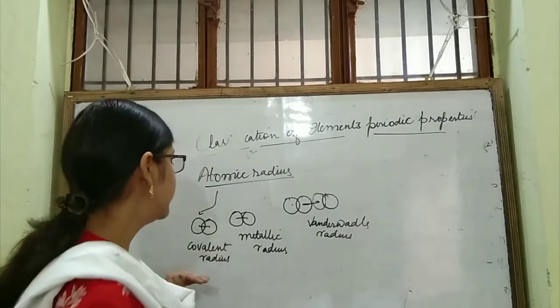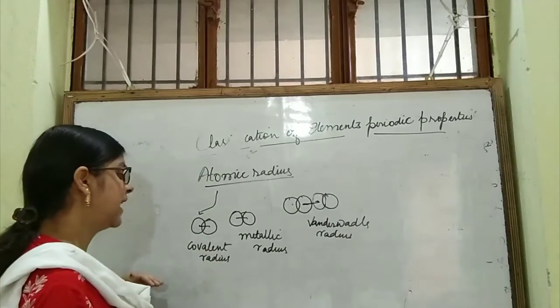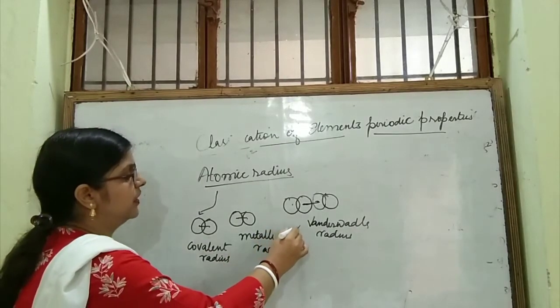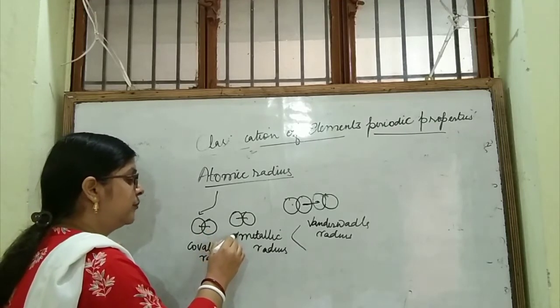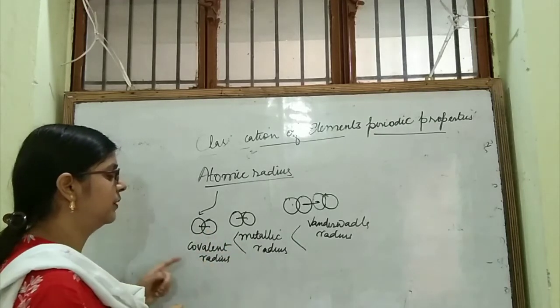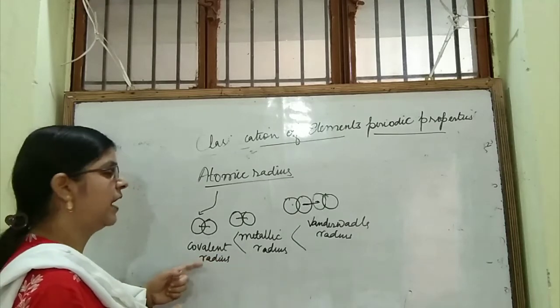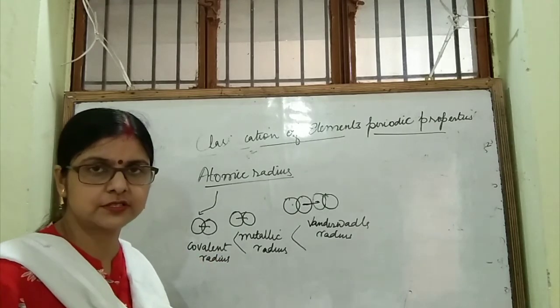So you can easily see that the magnitude of van der Waals radius will be maximum, and the magnitude of metallic radius will be more than the magnitude of covalent radius.